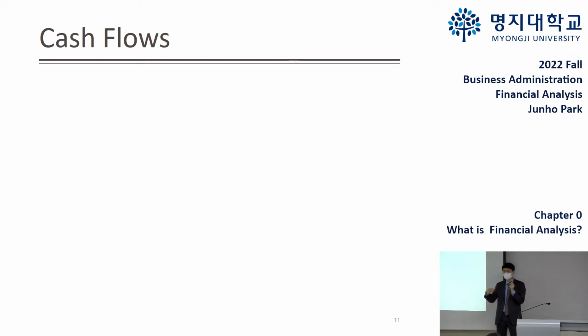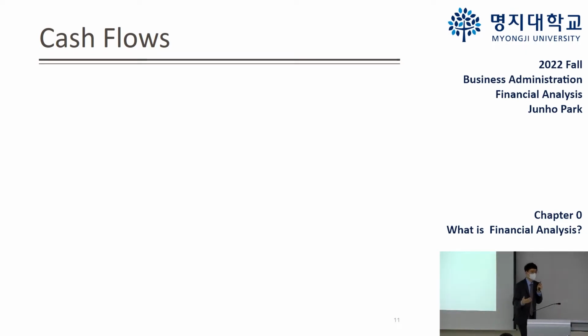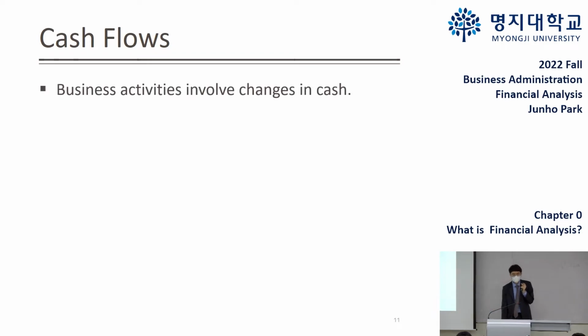So you need to purchase some merchandise to have inventories, and you need to spend cash, and then you generate some cash by selling it to your customers. So whatever you do, you often get a change in cash. So cash is very important, so we want to know about cash specifically.